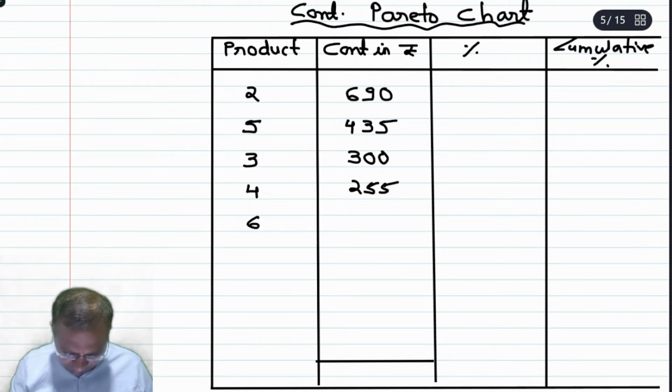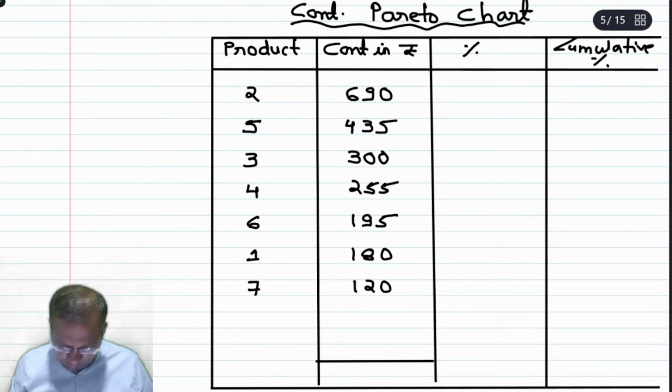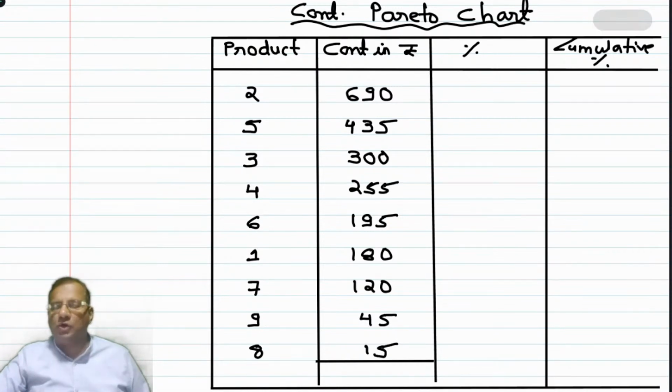Then product number 6 with a contribution of 195. Then product number 1 with a contribution of 180. Then product number 7, 120. Then product number 9, 45. And then product number 8, 15. Have a total of the total contribution.